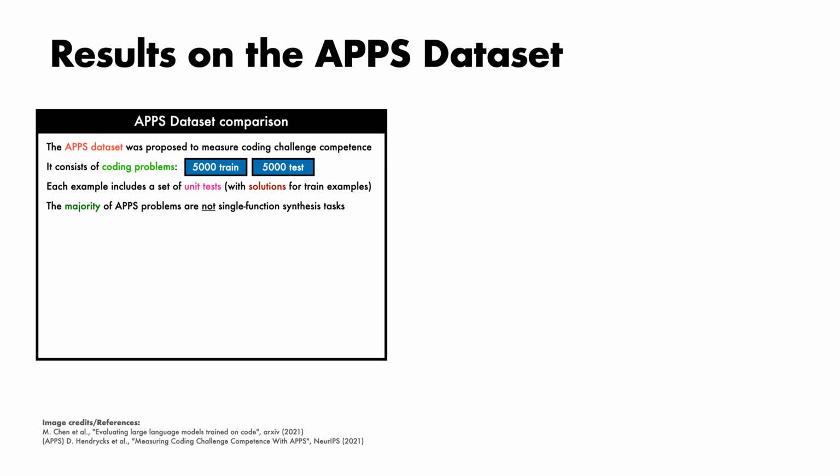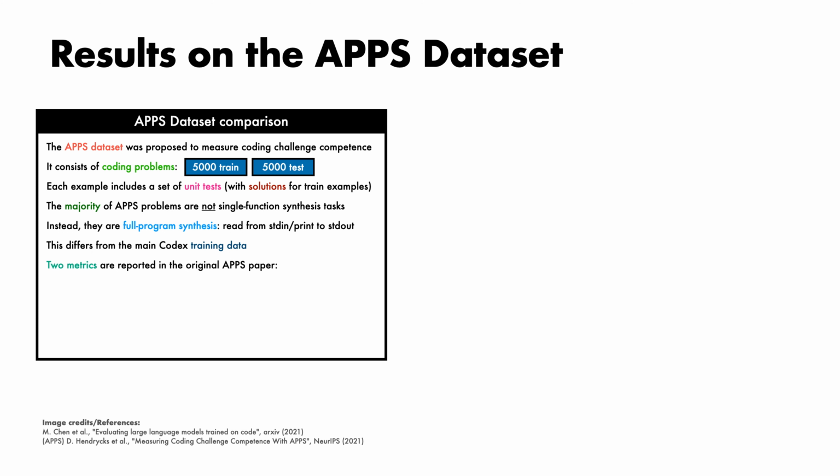The majority of the APPS problems are not single-function synthesis tasks. Instead, the problems involve full program synthesis, reading input from standard in and printing to standard out. This makes these problems a little different from the main body of Codex training data.